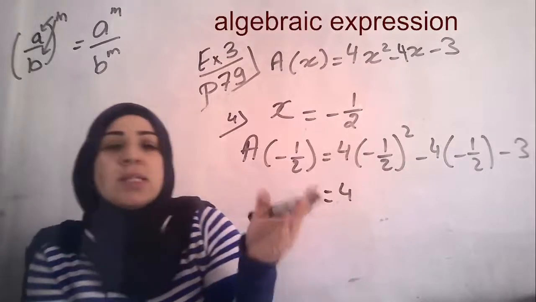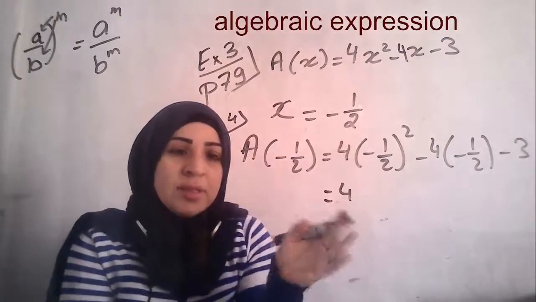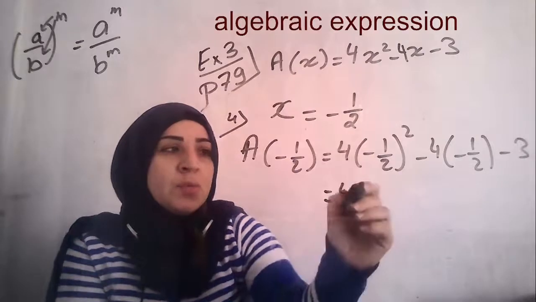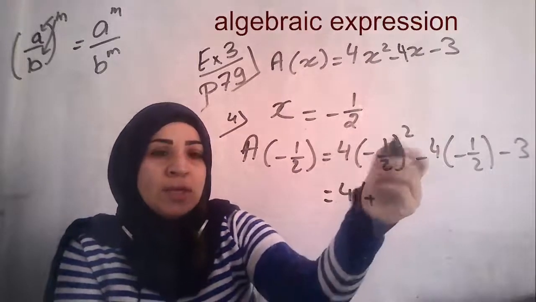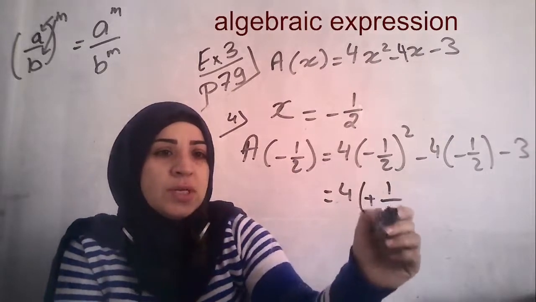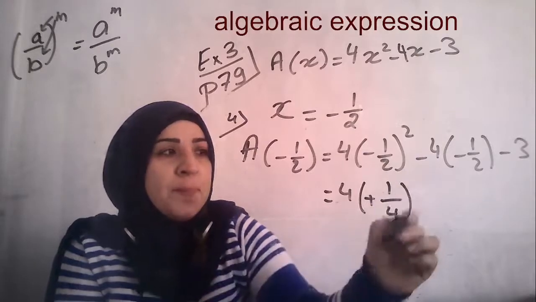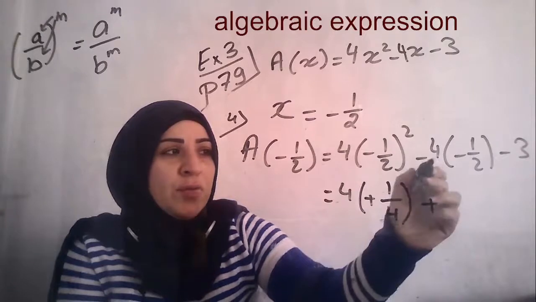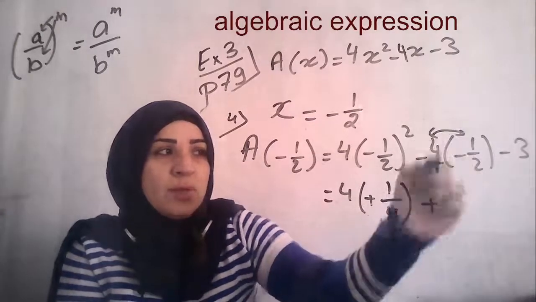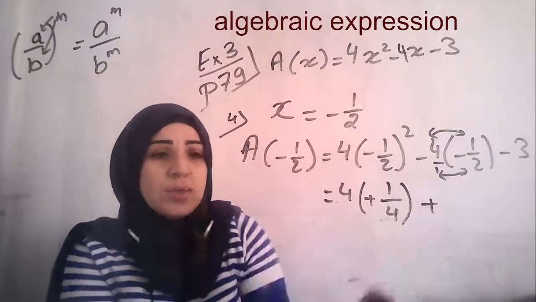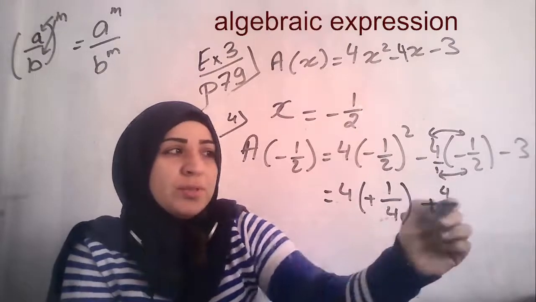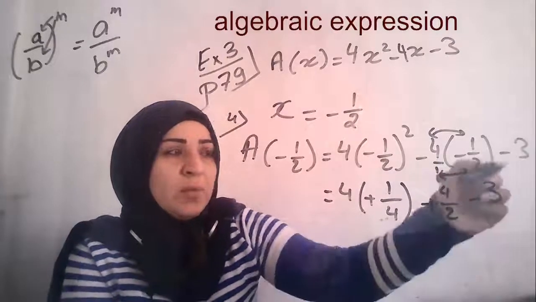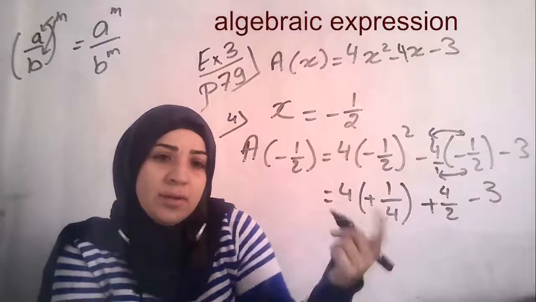The rule is the square of any number is always positive. So it's plus 1 square 1, 2 square is 4. Minus times minus is a plus. 4 over 1, multiply the numerators by each other and the denominators by each other, it's 4 over 2 minus 3. We drop down the other number.